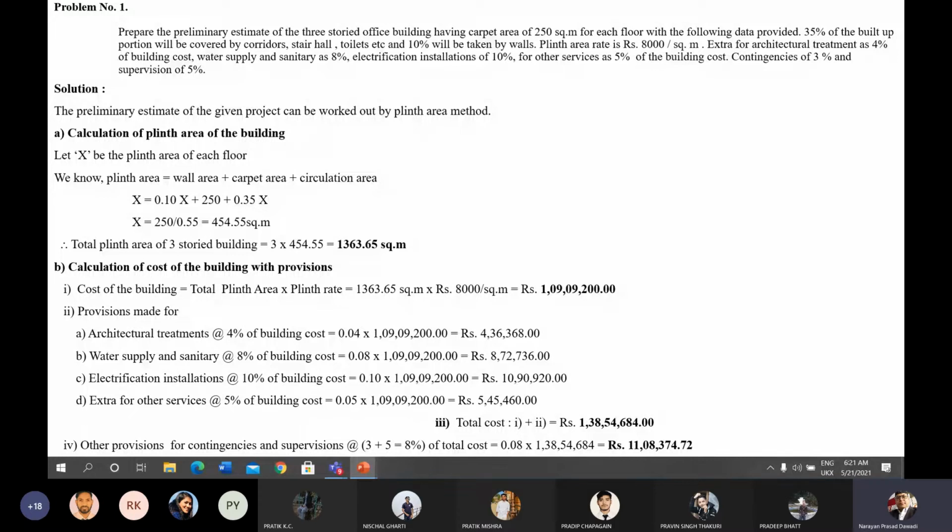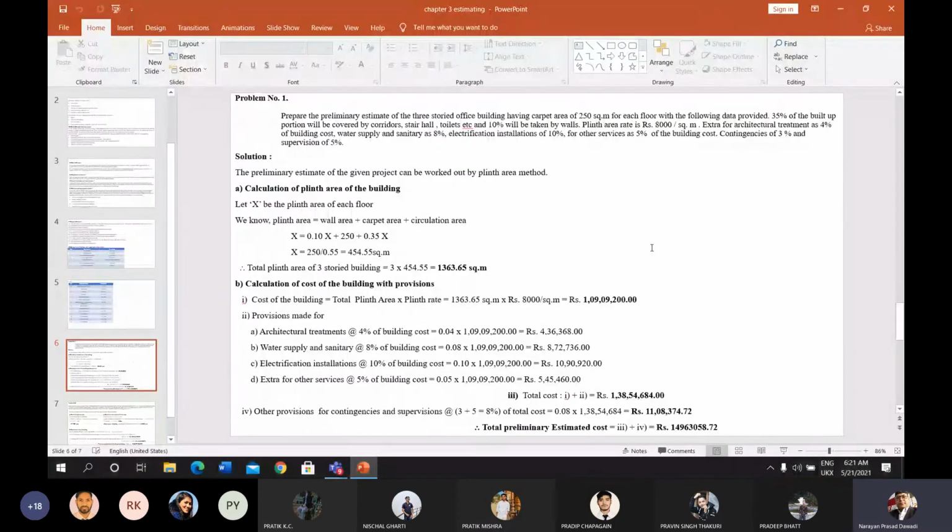And if you add the total cost as well as the provisions for contingency and supervision, you will get the total preliminary estimate of the building cost, which will be 1,49,63,058 rupees and 72 paisa. This is the preliminary estimate of the given building problem.